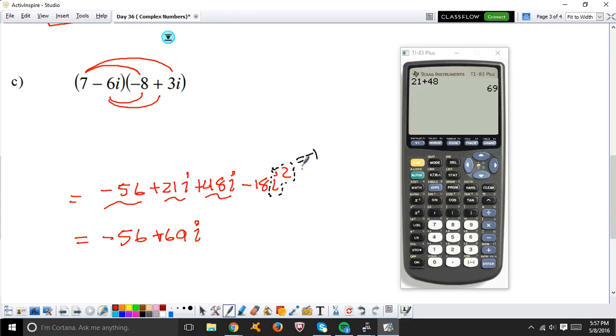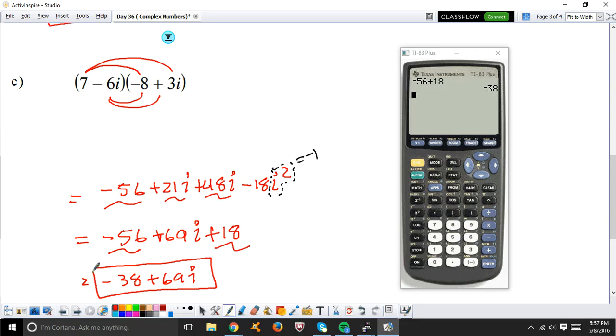Negative 18 times negative 1, so that's positive 18. Can I combine like terms? I see that I can combine these two terms. So negative 56 plus 18, that's equal to negative 38. So negative 38 plus 69i. So that's what we have here.